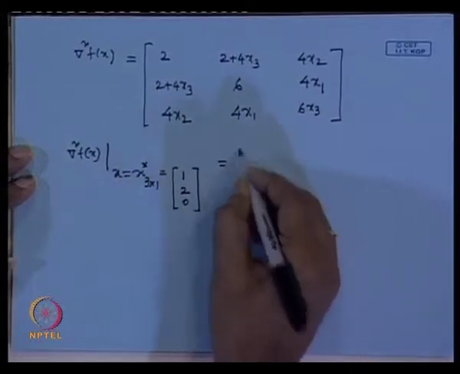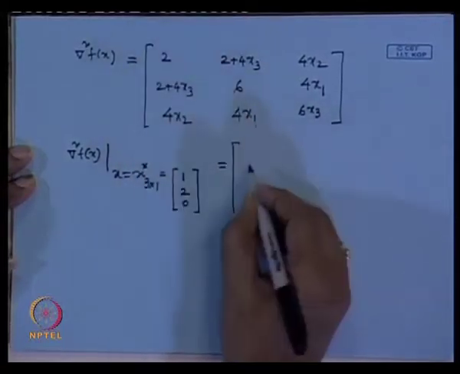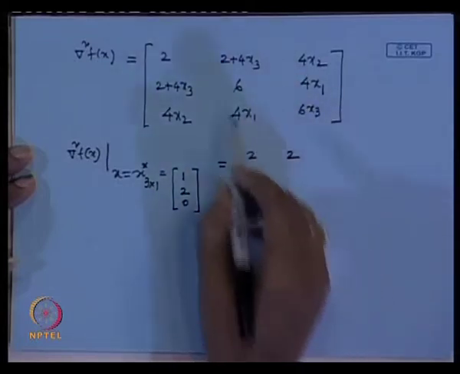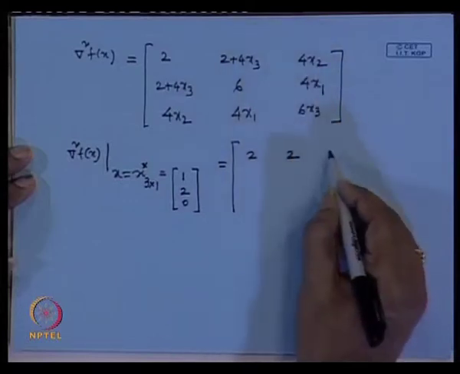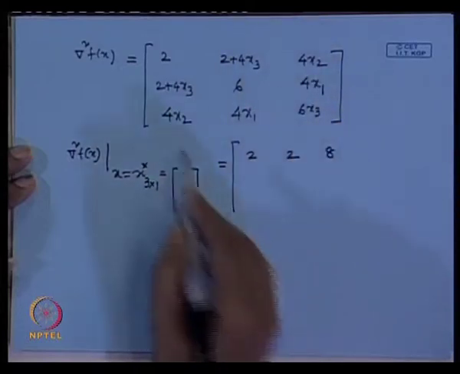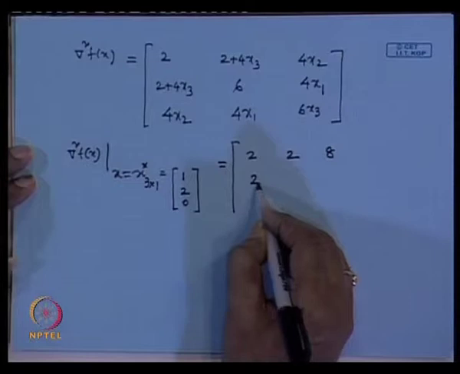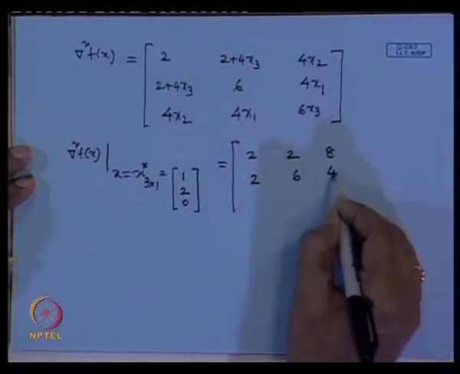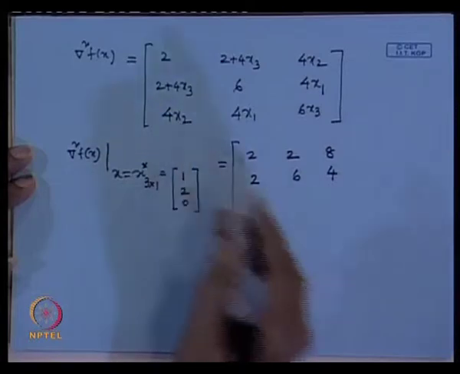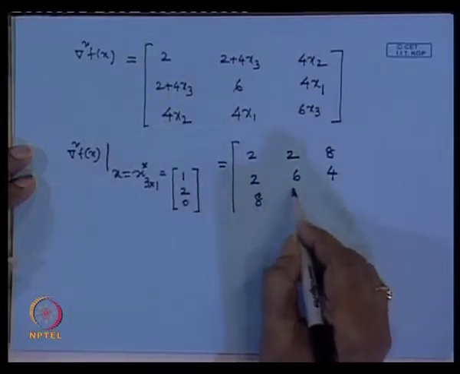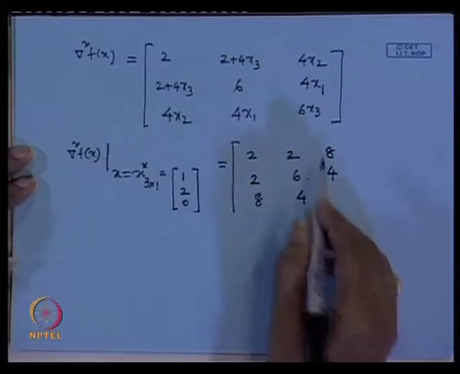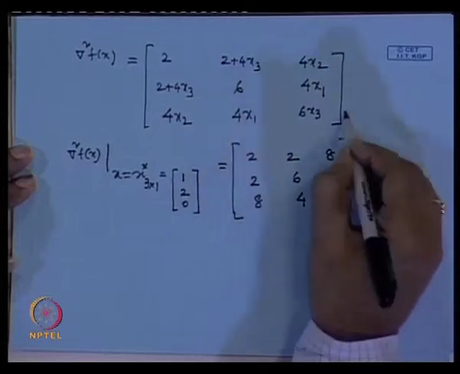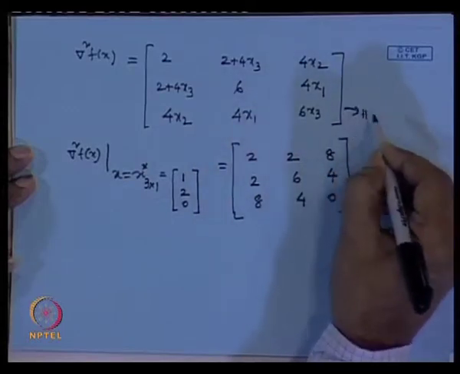If you put in this expression, 2 as it is, x3 is 0, so this will be 2, then x2 is 2, that will be 8, agree, then x3 is 0, 2, 6 as it is, then x1 is 1, 4, x2 is 2, 8, x1 is 1, 4, then x3 is 0. So, this is our Hessian matrix.